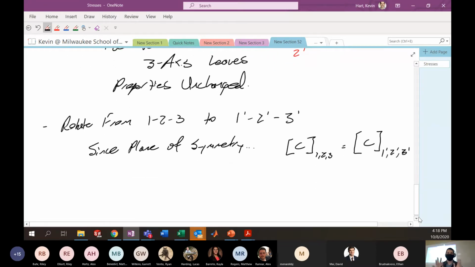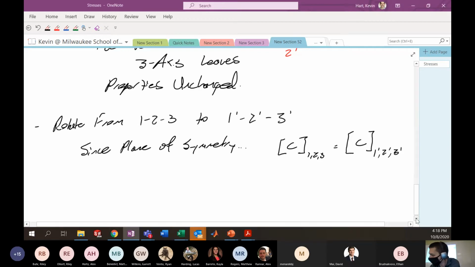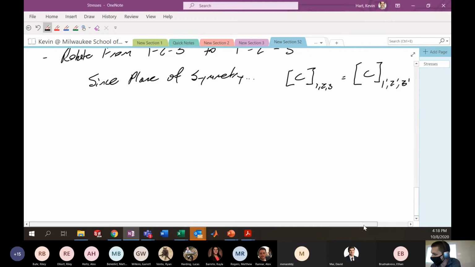So let's now apply the math we've talked about to this idea. We're going to make the assumption that it's the same in the 1, 2, 3 and 1', 2', 3' coordinate systems, but now let's apply our math to this.